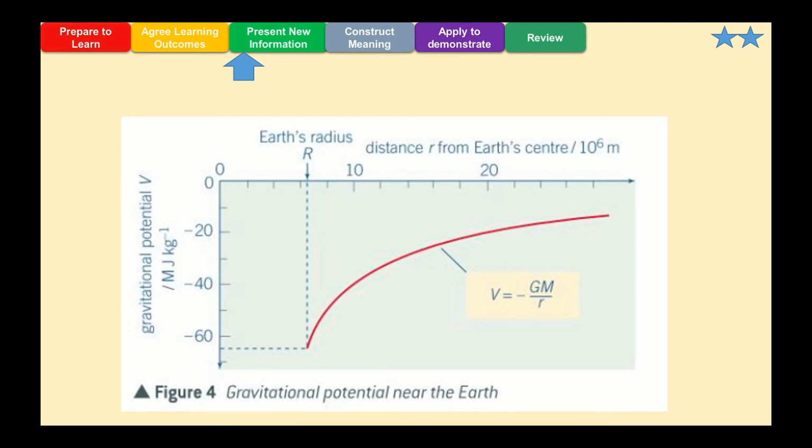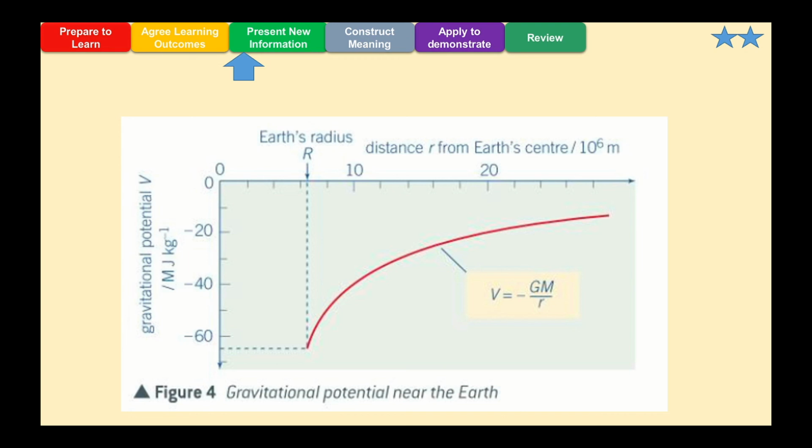So here, this is the gravitational potential of a planet as it varies with distance. Remember that gravitational potential is negative because it means that in order to get to infinity, we must do work on the field, whereas an object in the field will have work done on it naturally.